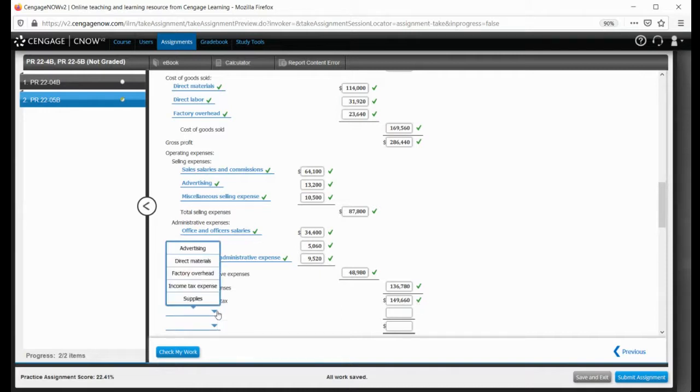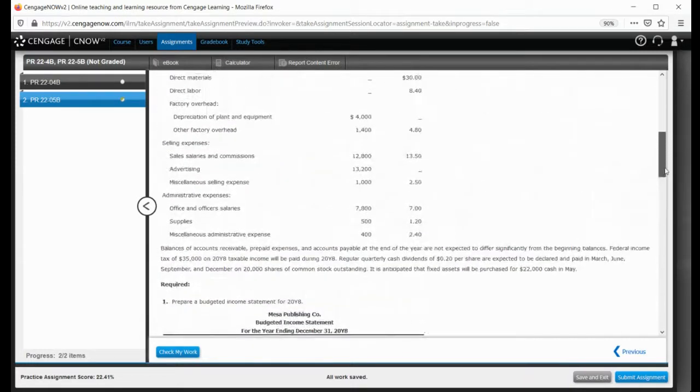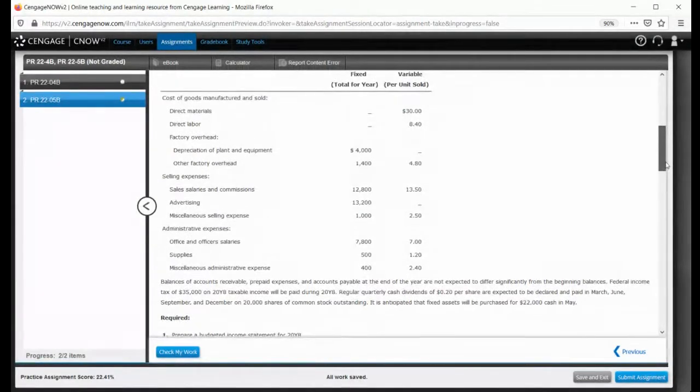The next thing we would need to calculate is our actual income tax expense. So I'm going to look to see if they gave us some information about the income tax expense. And if you look in your additional information at the beginning of the problem, you can see in the very last paragraph that they've given you the federal income tax of $35,000.